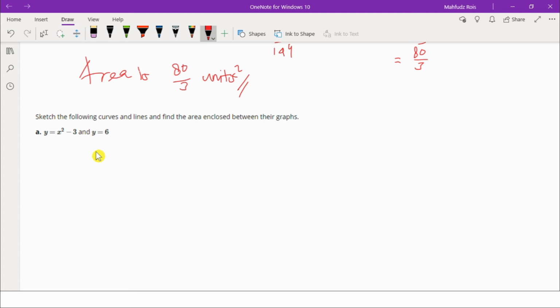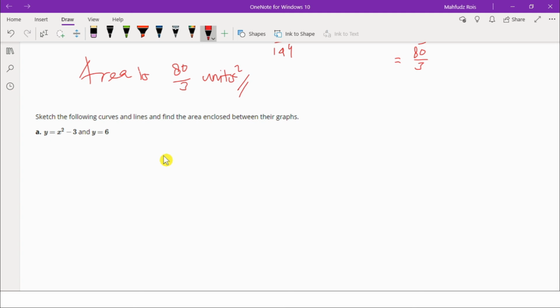Even though we need to sketch this one, if you can imagine, you don't need to sketch. But here I need to show how to sketch because it's very important to determine which one is upper and which one is the lower, right?